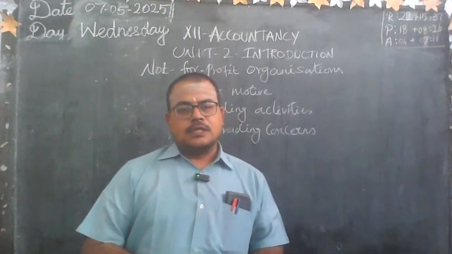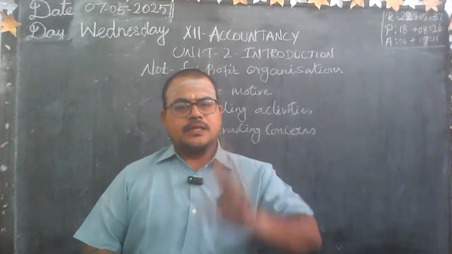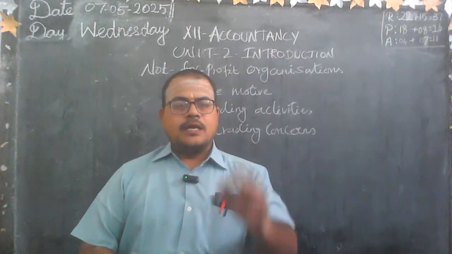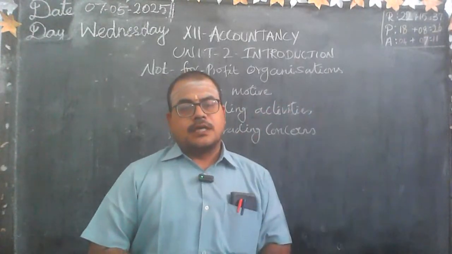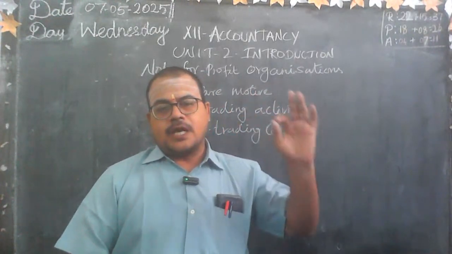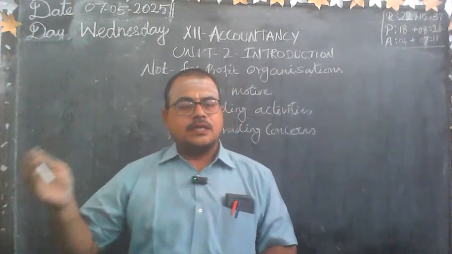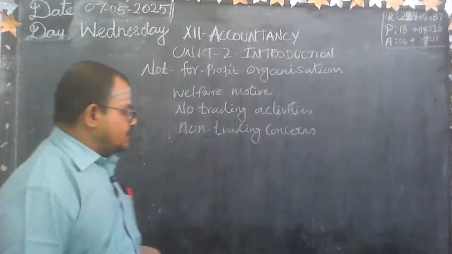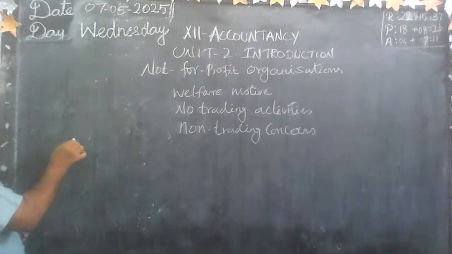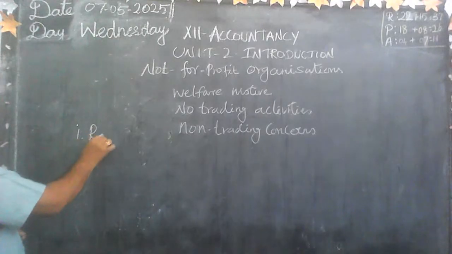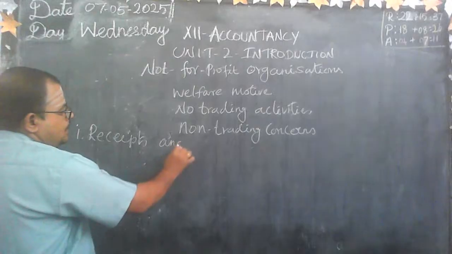The cash received by the organization is recorded on the receipt side, the debit side of the receipts and payments account. The debit side is known as the receipt side and the credit side is known as the payment side. So the first step for a not-for-profit organization is the receipts and payments account.